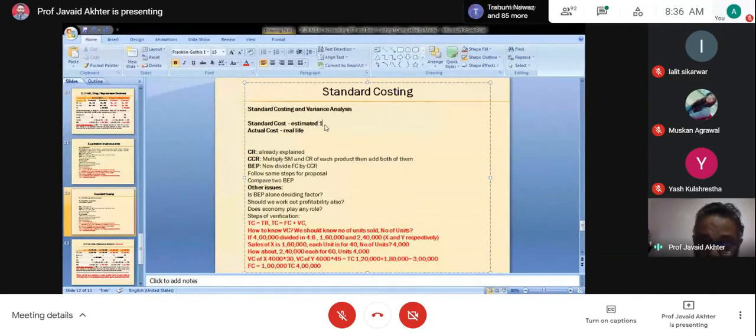Suppose the estimated per unit cost was rupees 100. Now, actual cost in real life, do you think it will be 100, more than 100, or less than 100? Less than 100. It could be less than 100, could be 90, or could be 100, or could be 110. Why have I written these figures?